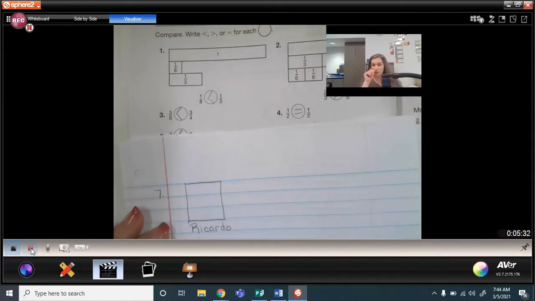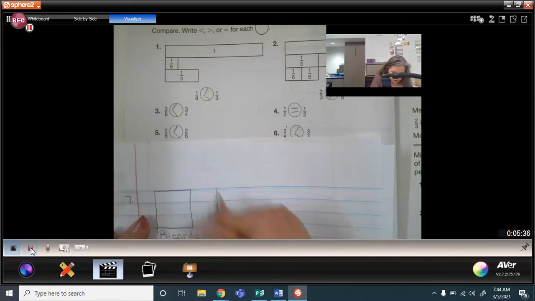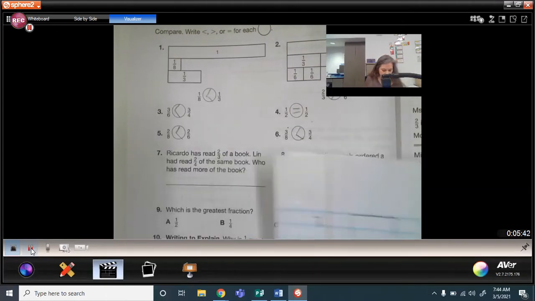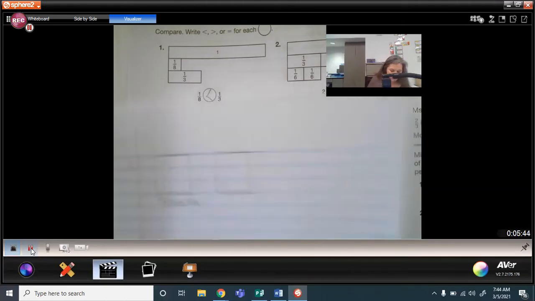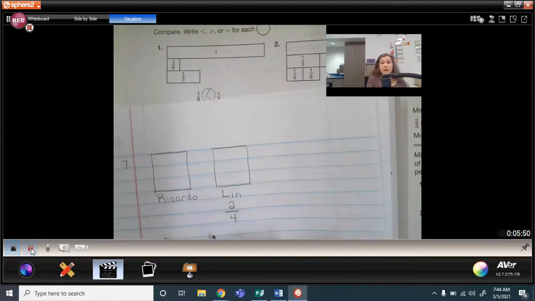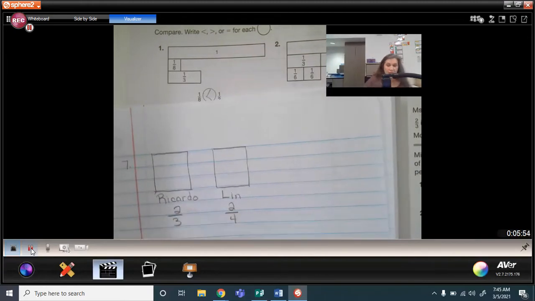Try to label as much as you can so you can visualize what you need to. The more you draw, the easier it will be for you to keep track of your information. This is Lynn, and she read 2/4 of her book, same book, and Ricardo read 2/3 of his book, same book. Remember, we're comparing the same whole.